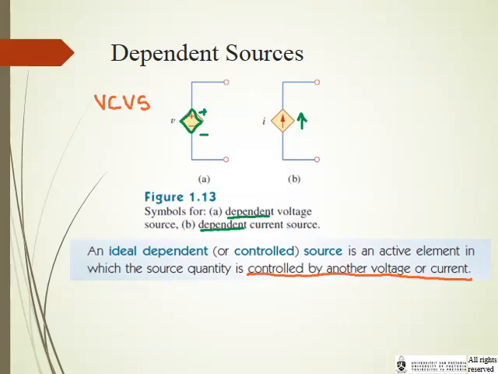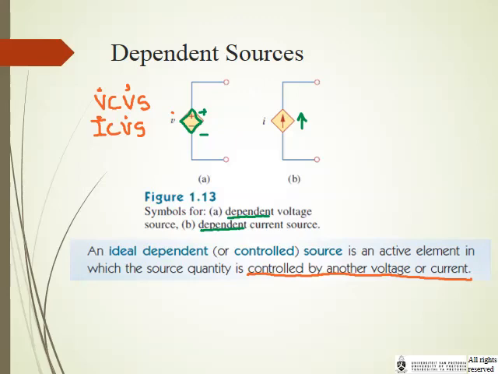In other words, the voltage of this source is controlled by another voltage in the circuit. Or you can have a current controlled voltage source. In other words, the voltage is determined by a current somewhere in the circuit.